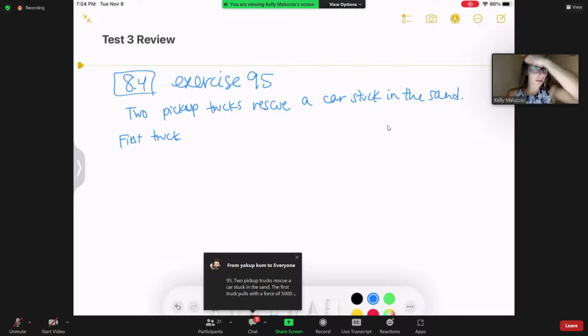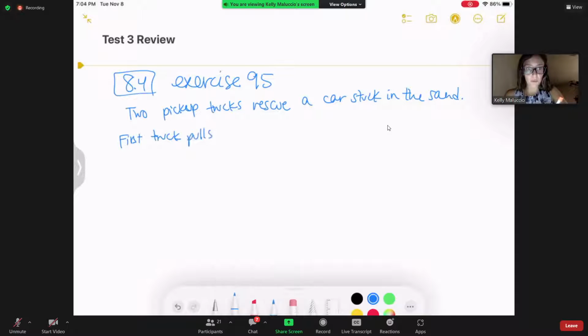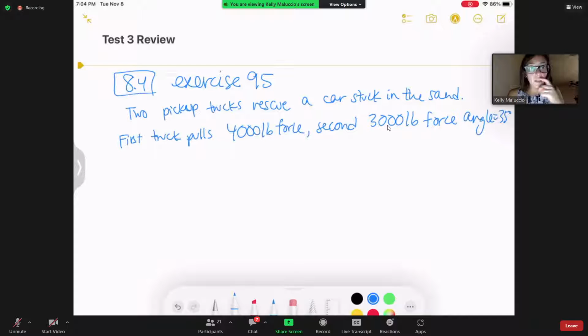Maybe I'll shorthand the rest. The first truck pulls 4,000 pound force, because this is important. The second pulls 3,000 pound force. The angle is 35 degrees to the first truck.